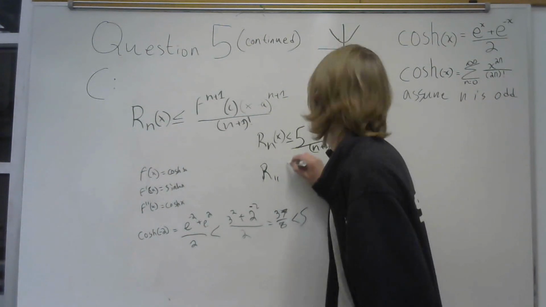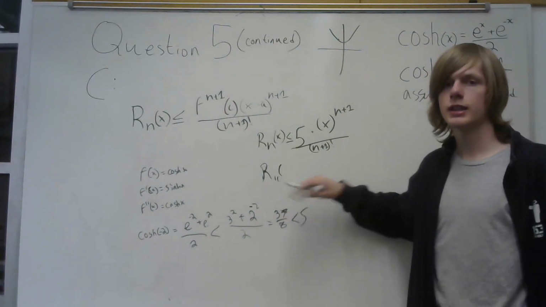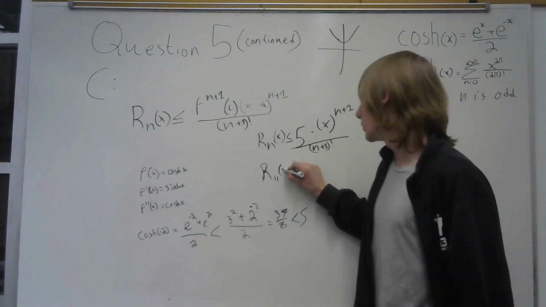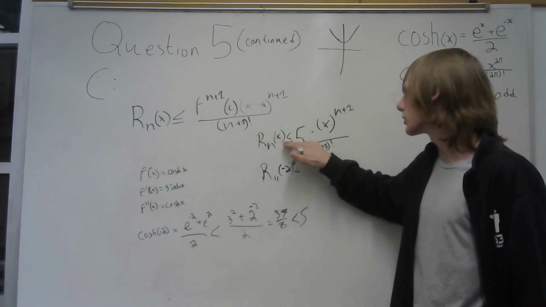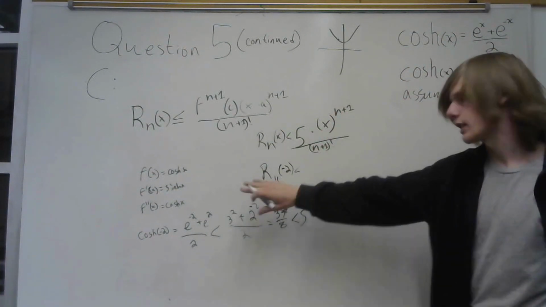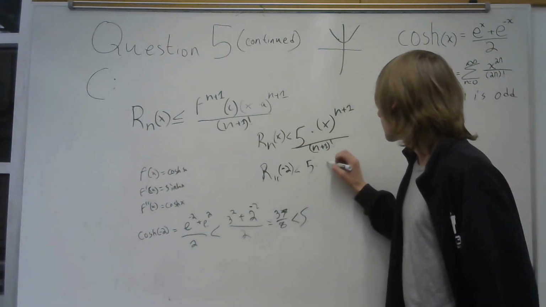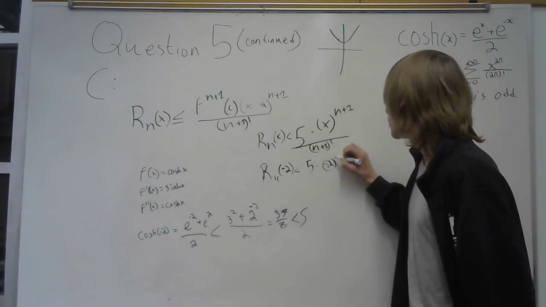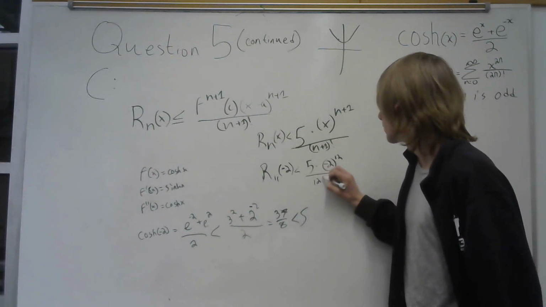You'll see why. And so the remainder of the 11th Taylor polynomial at -2, because we can plug it in now, is less than, and it can't actually be equal to, because 5 is definitively less than that. And so we're overestimating. Less than 5 times -2 to the 11 plus 1 is 12, all over 12 factorial.